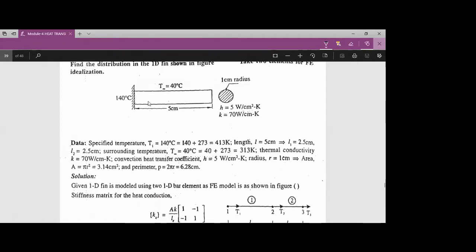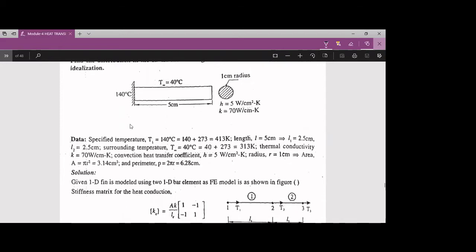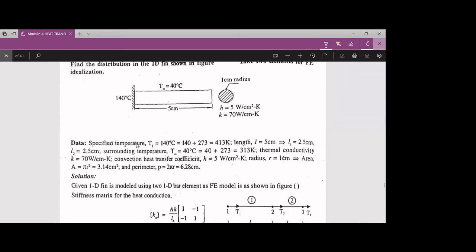There must be an input, a temperature must be specified. So that gives 140 degrees centigrade, the temperature at node 1. That is the temperature-specified boundary condition, the first boundary condition. Now specify the temperature T1, which is equal to 140 degrees.